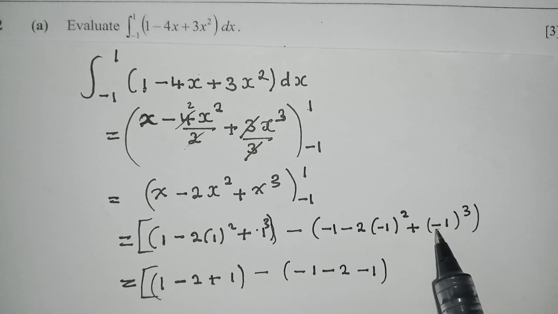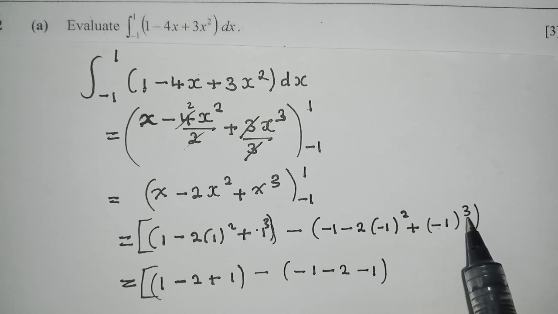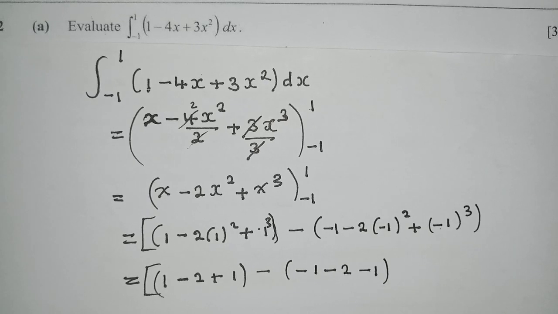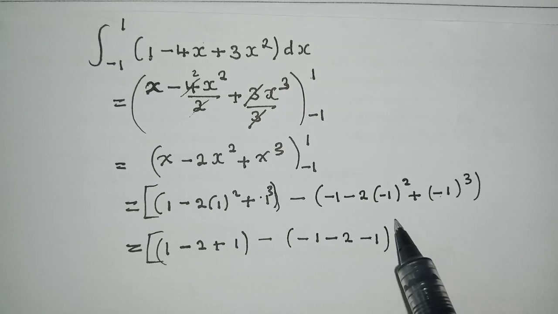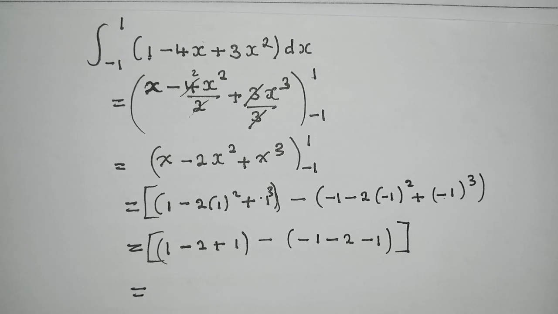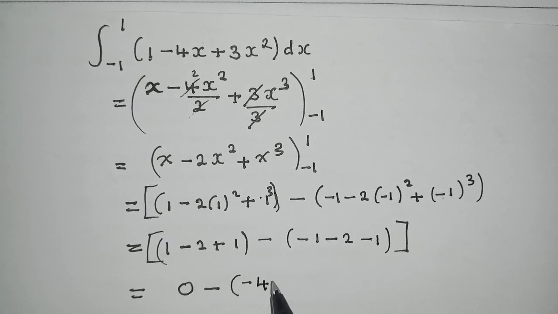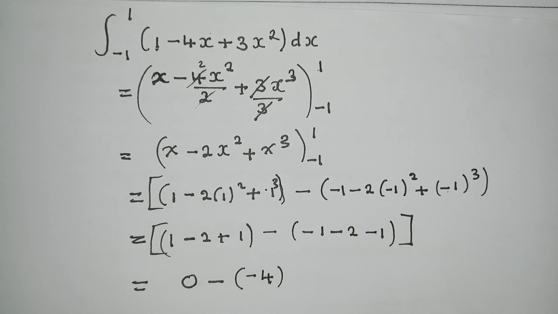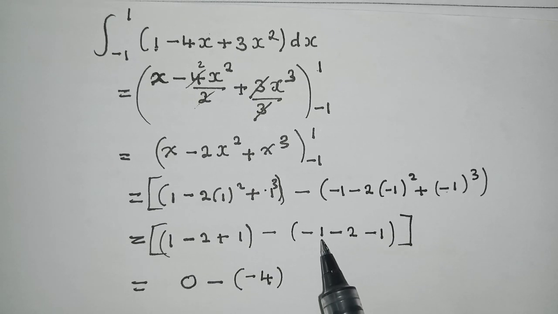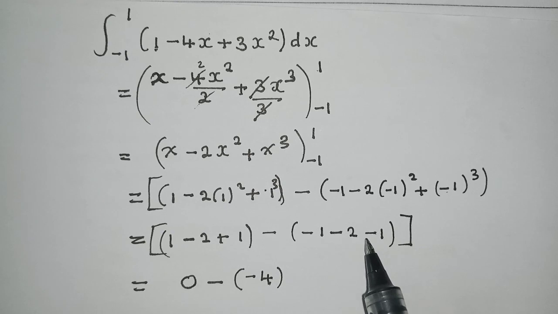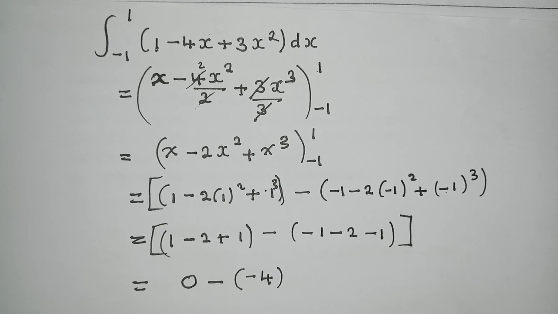And here negative 1 power 3, it's just negative 1. So we can clean up things here. We have 0 inside here, minus here we have negative 4. Because negative 2 minus 1 is negative 3, then negative 1 gives negative 4.